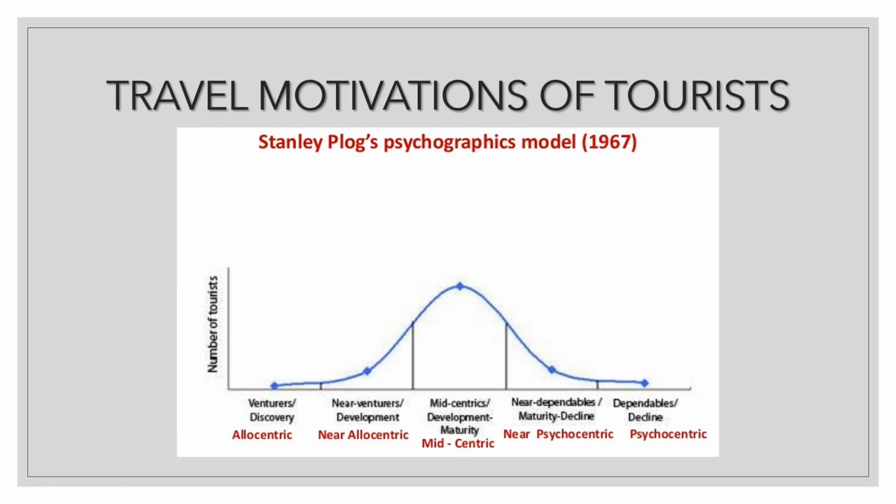Another travel motivation of tourists is related to Stanley Plog's psychographic model. It states here the three types of tourists: psychocentric, mid-centric, and allocentric. When we say psychocentric, these are the least adventurous tourists, meaning they want everything to be planned.